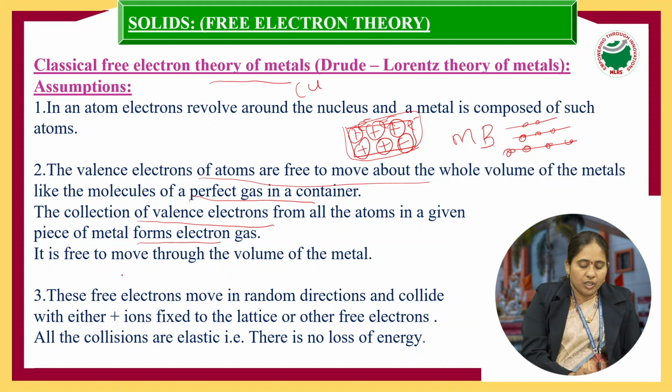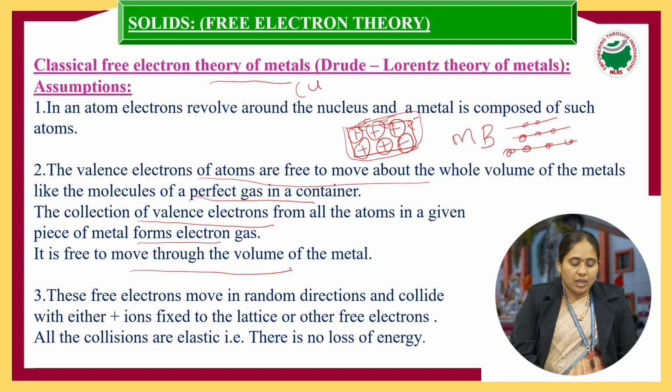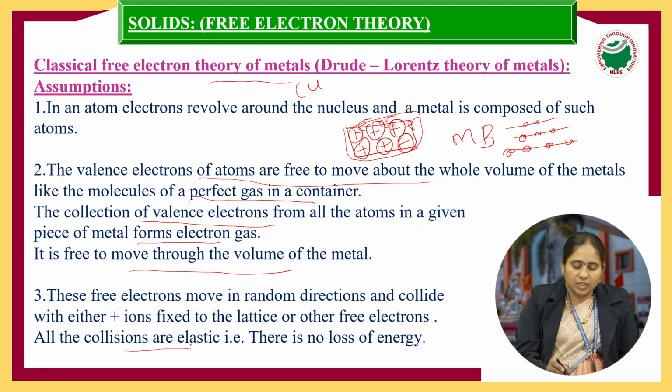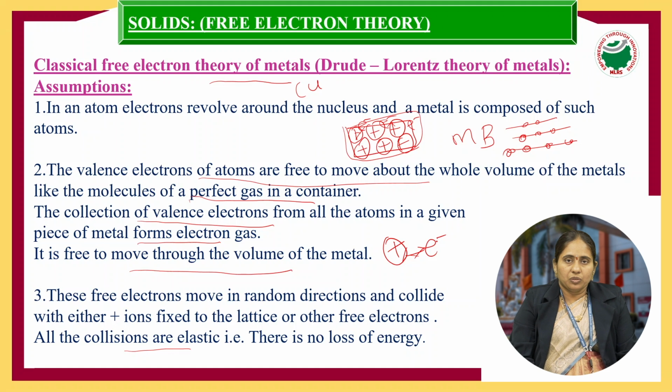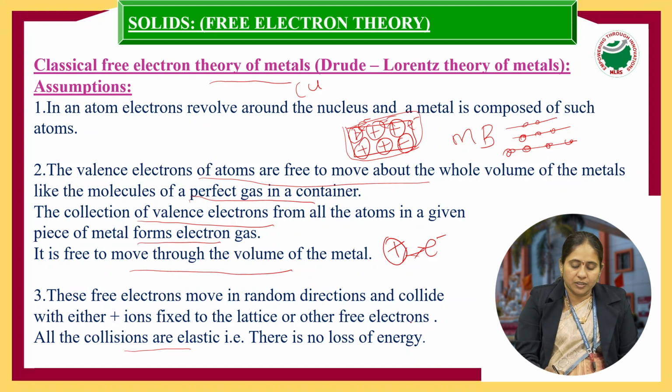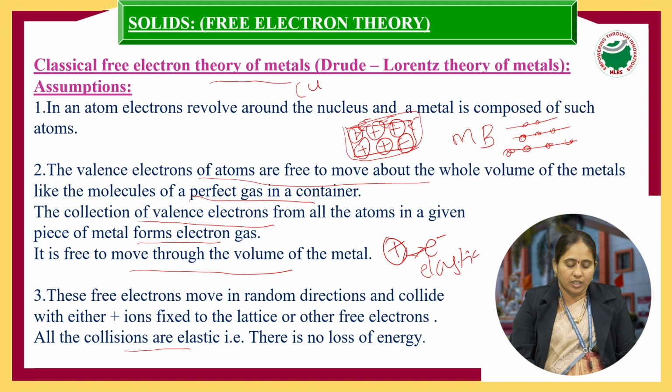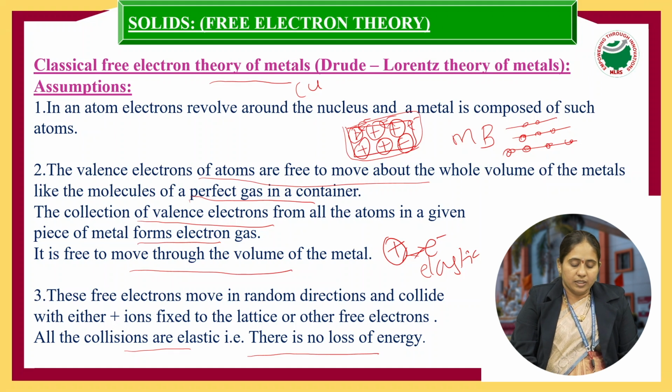These electrons are free to move throughout the metal, and the collision between the positive nucleus and the negative electron is elastic in nature. What elastic means is there is no loss of energy. So there is no loss of energy when the positive nucleus and the negative electron collide, and these electrons move in random directions. So the resultant current is zero.